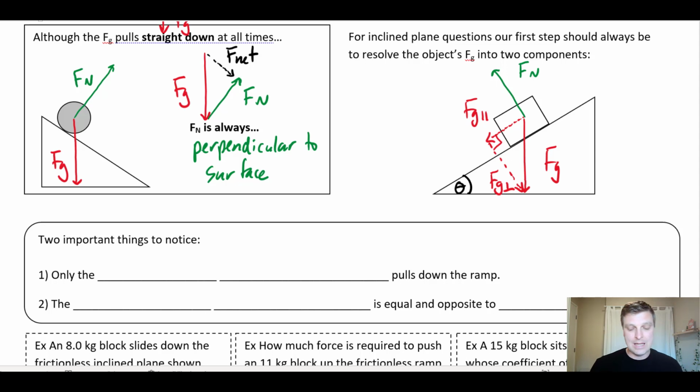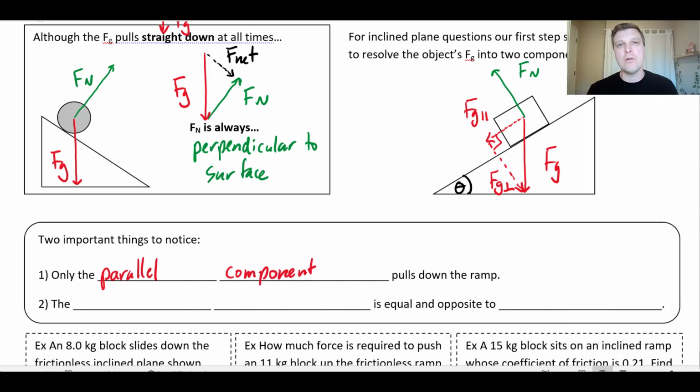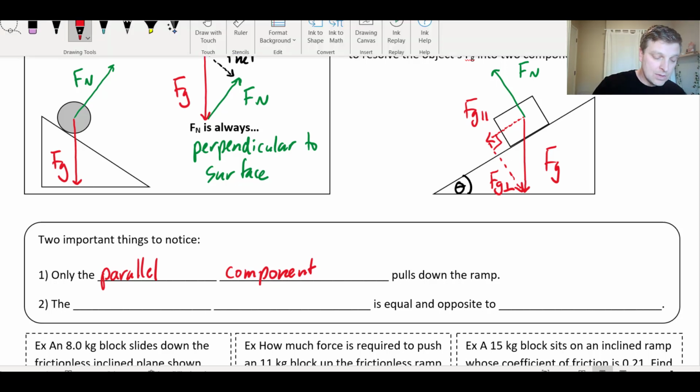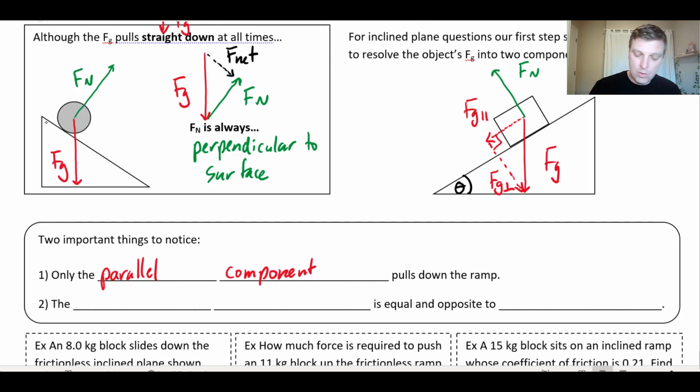The first is that only the parallel component of gravity pulls down the ramp. The perpendicular component of gravity doesn't accelerate it down the ramp because it's perpendicular to the motion, so it has no effect on the acceleration. However, look at this perpendicular component. You might notice that it is actually the exact opposite of the normal force.